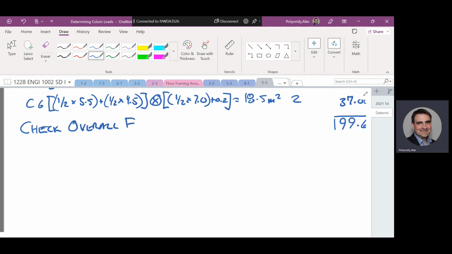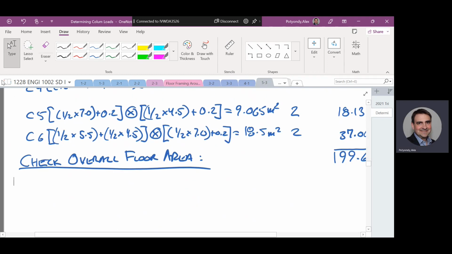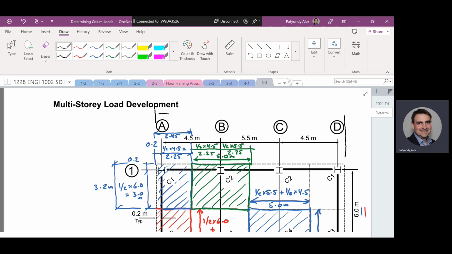Overall floor area. And my dimensions for the building, I'm going to have to define that. So we should have this information already. I shouldn't even have to calculate it, but beware, sometimes dimensions are only to the grid line, so we need to make sure we include all the overhangs.